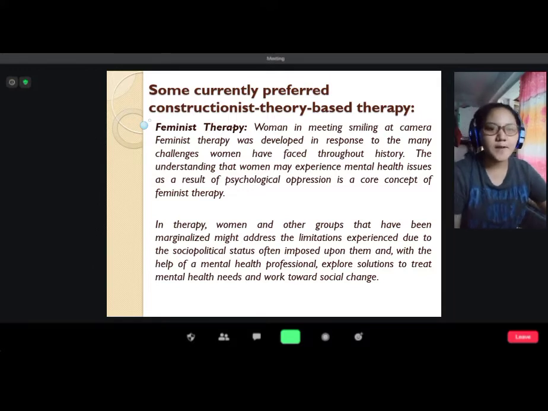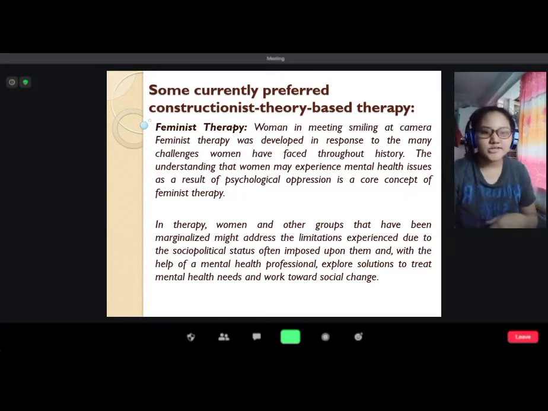So since feminist therapy was developed, social transformation arises po dito. This therapy addresses po the concerns of the people about their gender. For example, lesbian, gay, bisexual, transgender, and gender variant individuals.